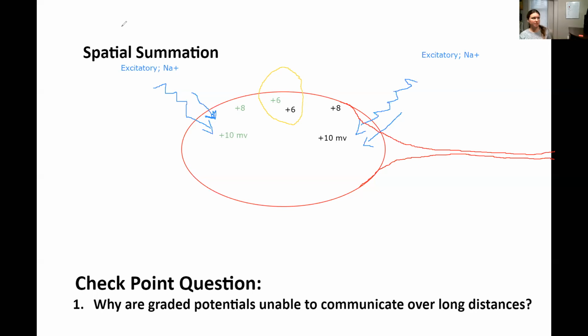But the action potential is going to work a little bit different than these graded potentials, because once we hit the threshold voltage, instead of dissipating like this, that's going to trigger our voltage gated channels, which are then going to go totally crazy. So it's similar, but it's a slightly different thing that's happening there.